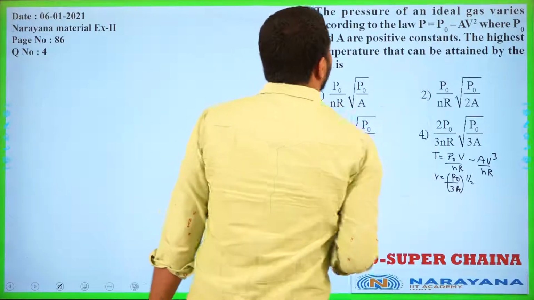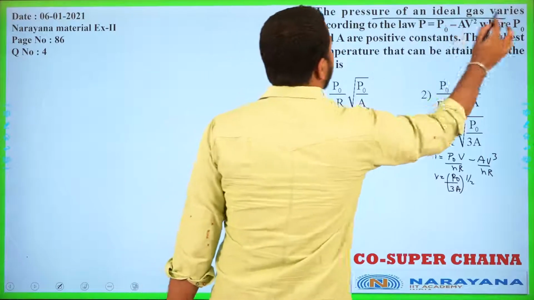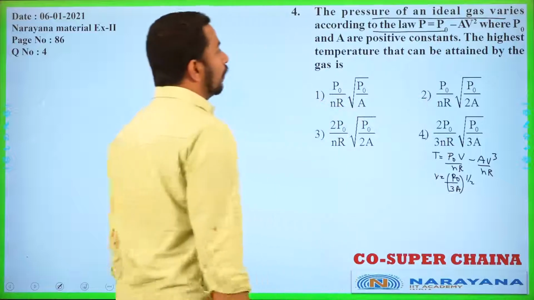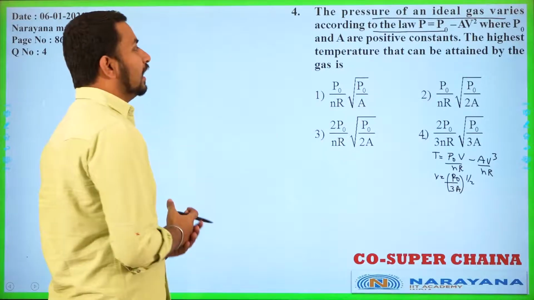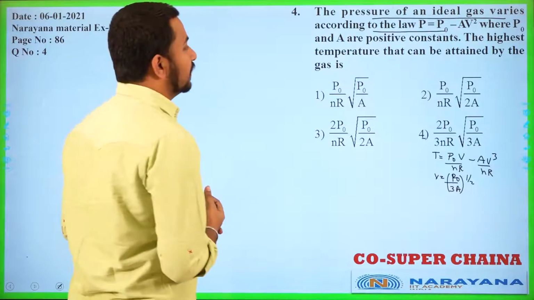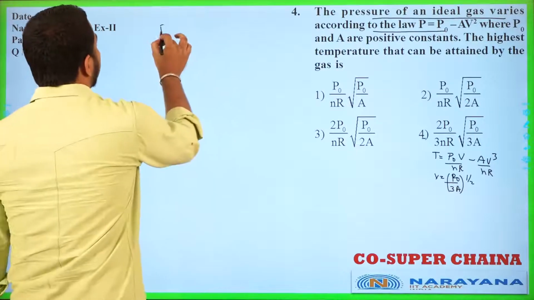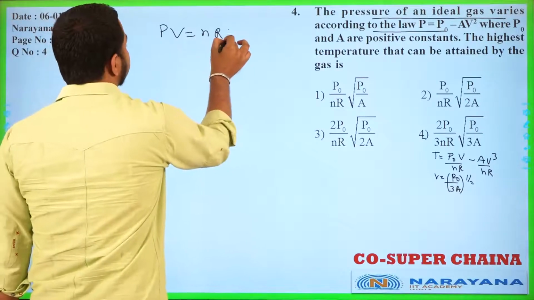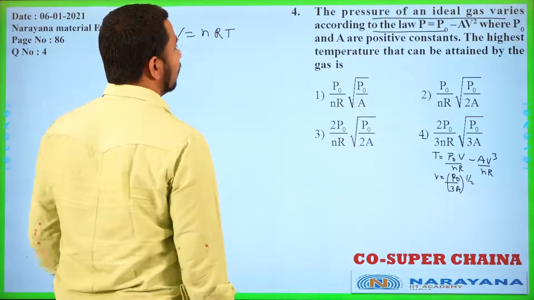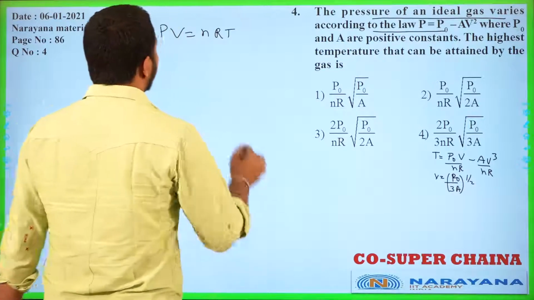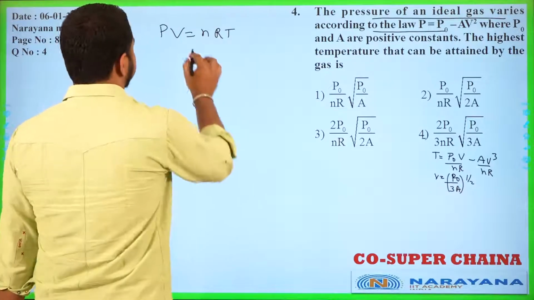Students, here it is given that the pressure of an ideal gas varies according to this law, where P naught and A are positive constants. You have to calculate the highest temperature. So we know PV equals nRT.